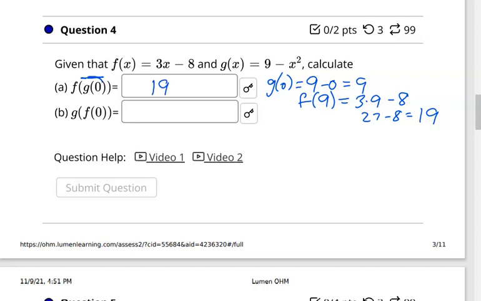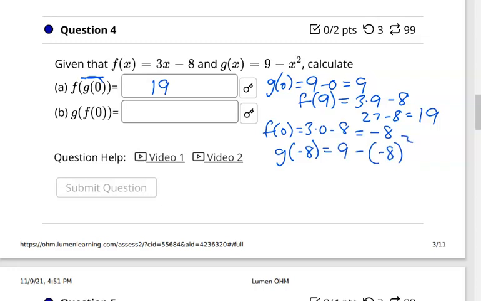Now the other way around, g of f of 0, well, we need to find out what f of 0 is first. f of 0 is equal to 3 times 0 minus 8 equals negative 8. And now g of negative 8 is equal to 9 minus negative 8 squared.